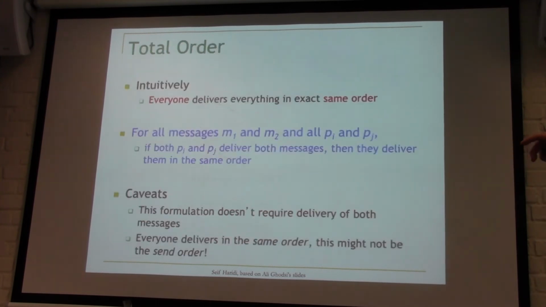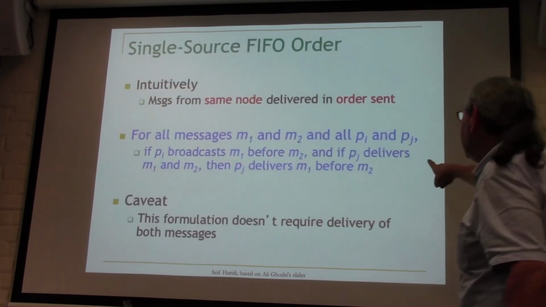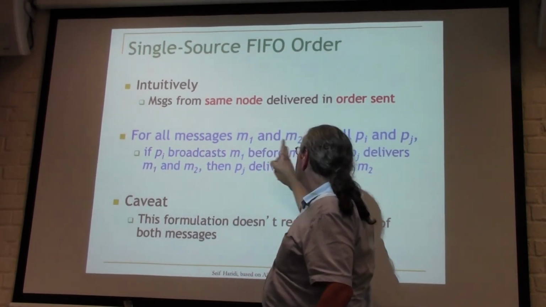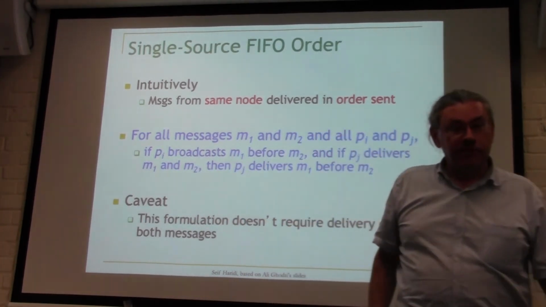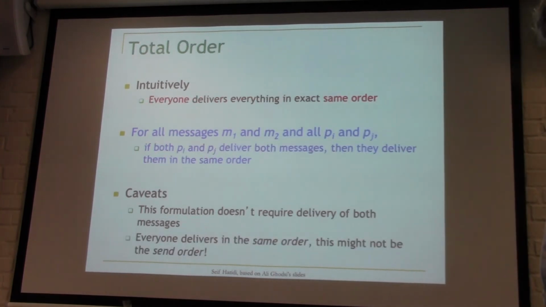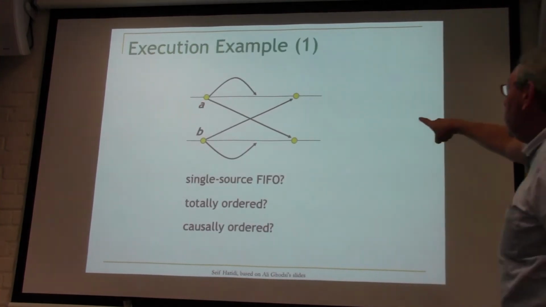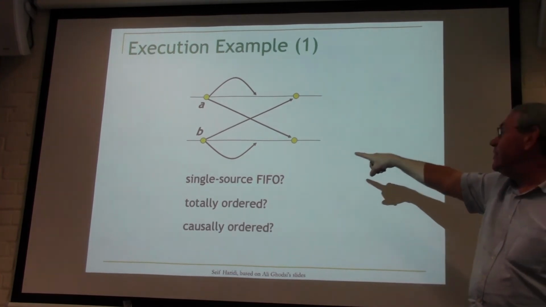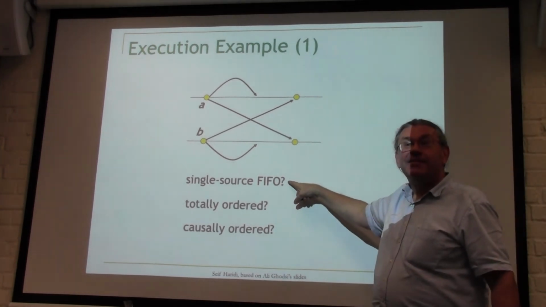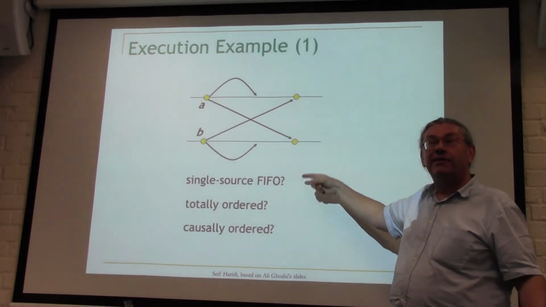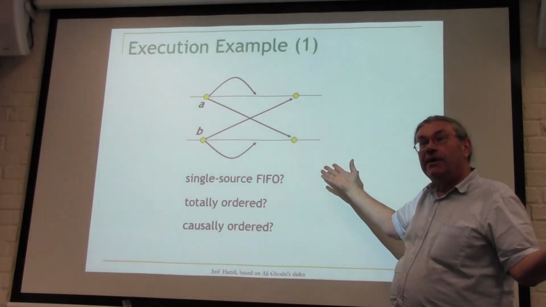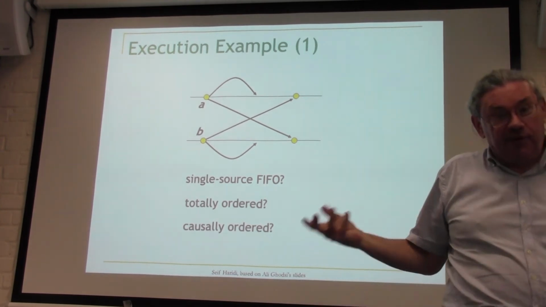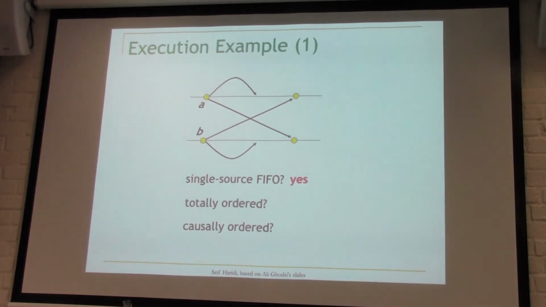But what does this mean? If one node broadcasts two messages, is there one node here broadcasting two messages? No. So what does that mean? This property cannot fail. It's true, vacuously. So yes, it's true, but because nothing is making it false.